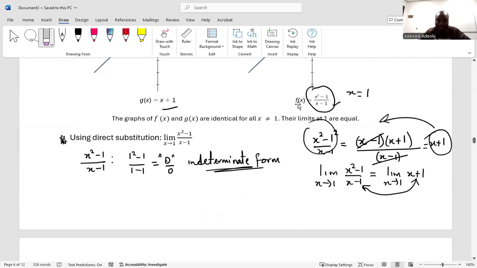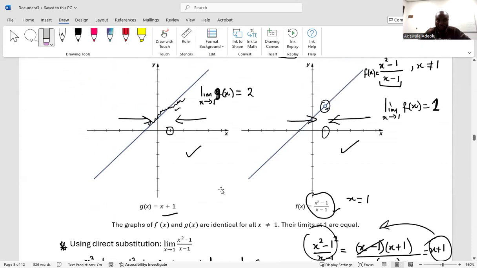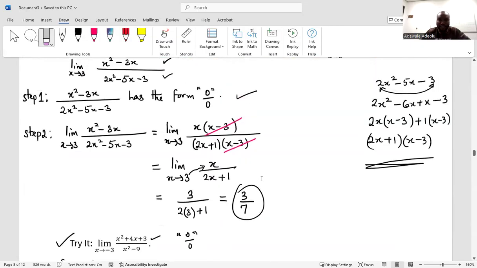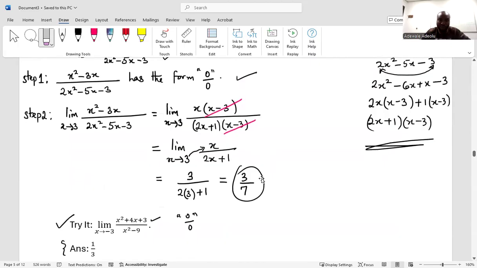And if I remind you what we did here, look at it. This function is different from this function, right? But in a way, we're able to see that when we factorize, the graphs behave the same way, right? So please write very, very well.